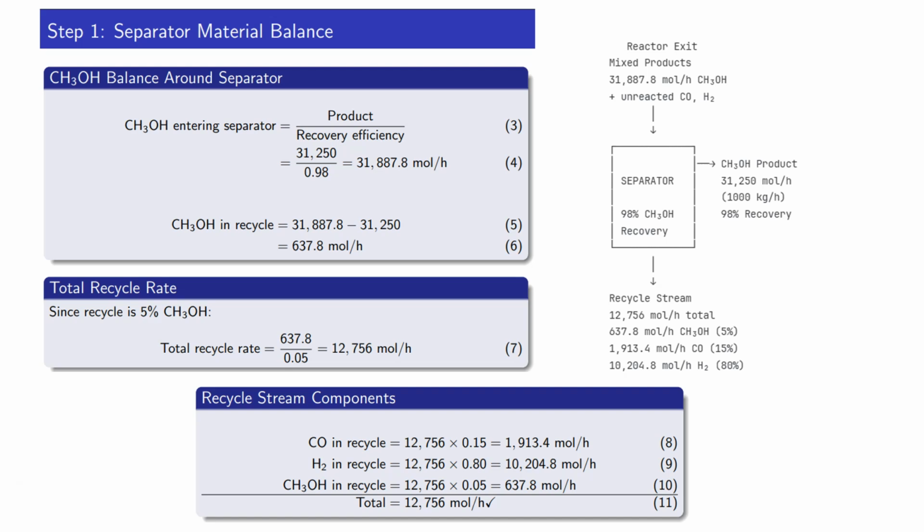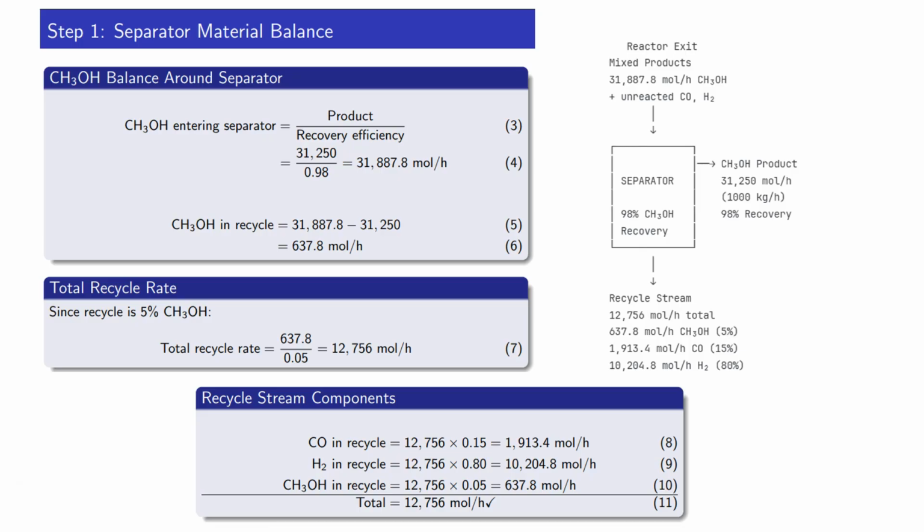So methanol entering the separator is product divided by recovery efficiency, that is 31,250 divided by 0.98. So that is 31,887.8 mole per hour.